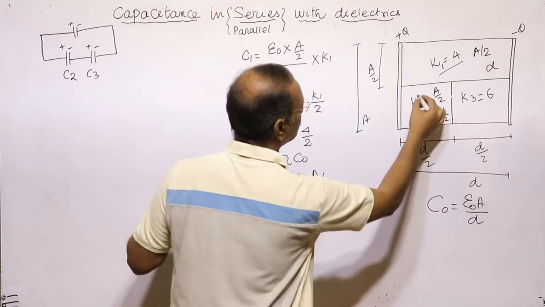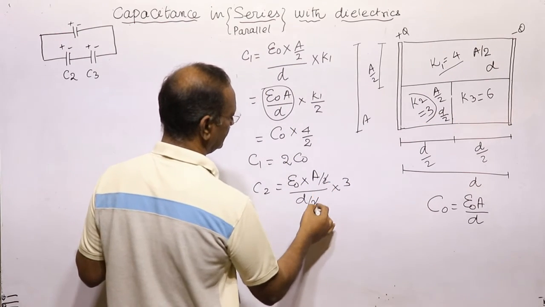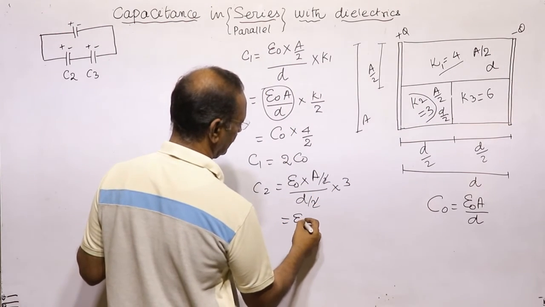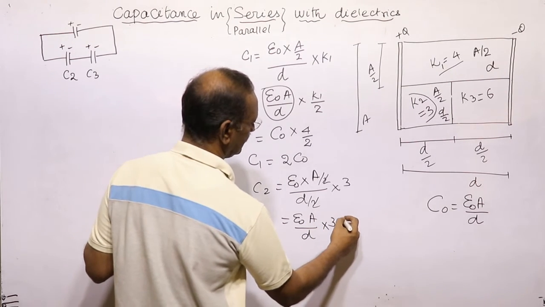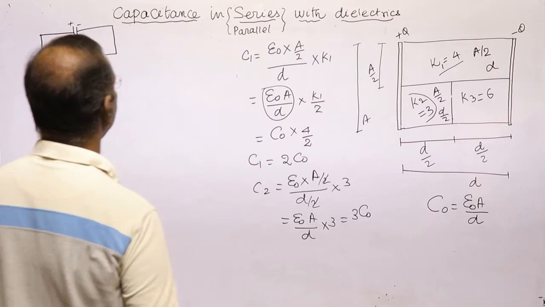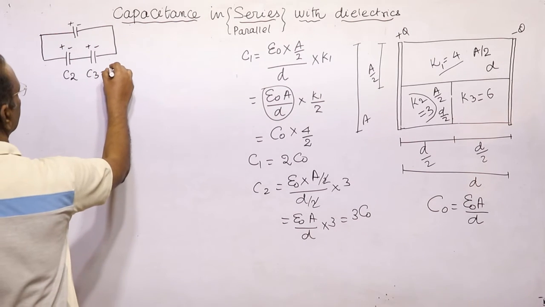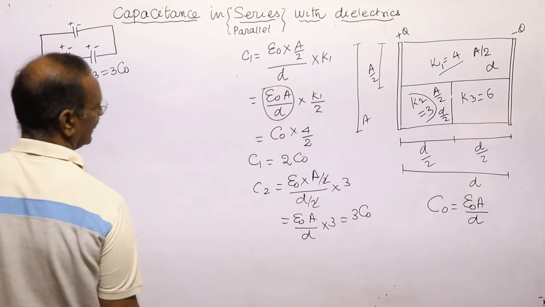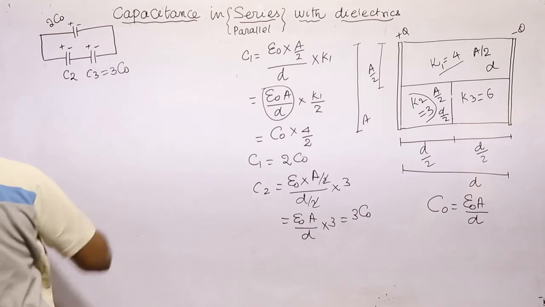K2 is 3. So this cancels, and it is epsilon naught A by D into 3, which is 3 C naught. C2 is equal to 3 C naught, and C1 is equal to 2 C naught.